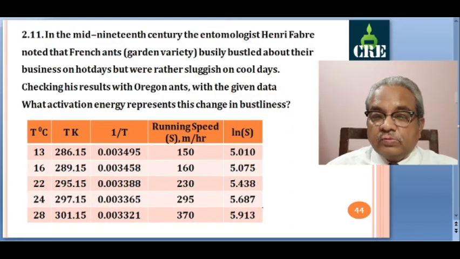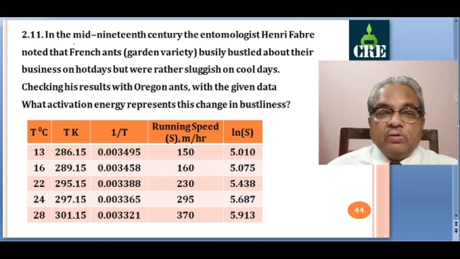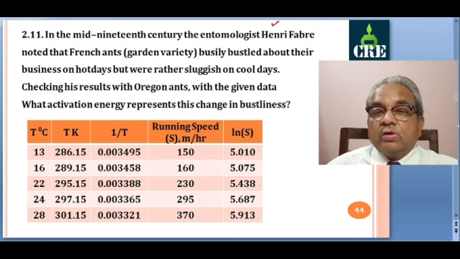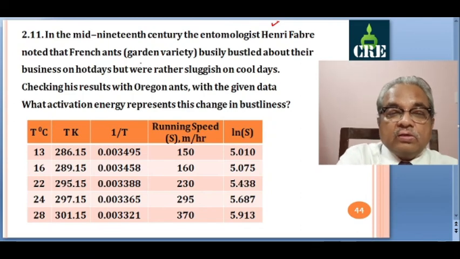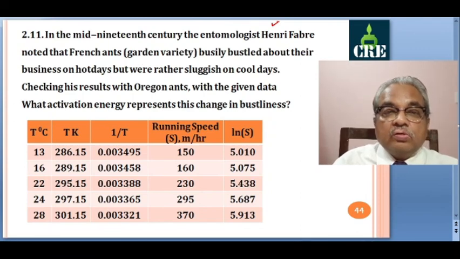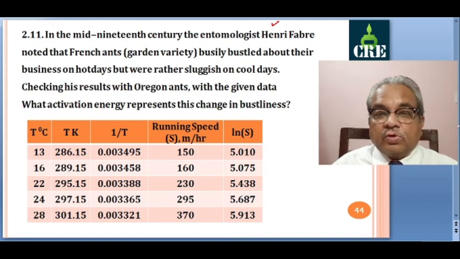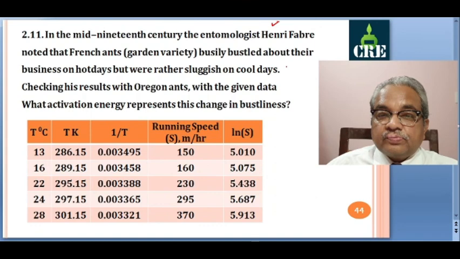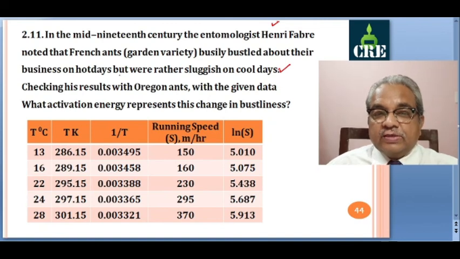The next problem is 2.11. In the mid-19th century, entomology, which is the branch of study of insects, Henry Faber noted that the French ants of garden variety busily bustled about their business on hot days, but were rather sluggish on cool days. So their activity on cool days is sluggish, very slow, whereas on hotter days the activity is much more.